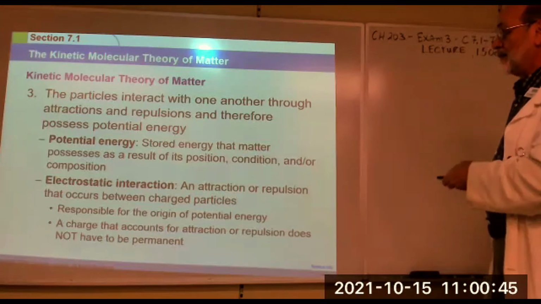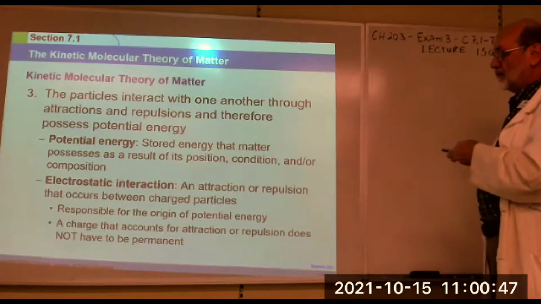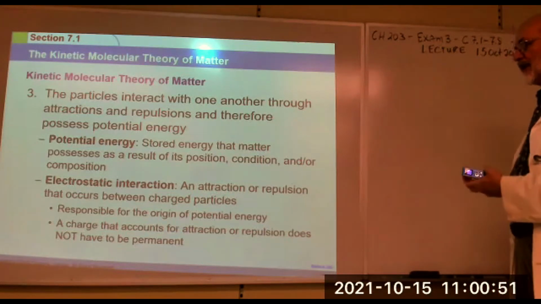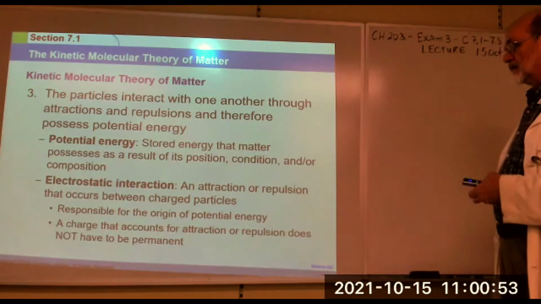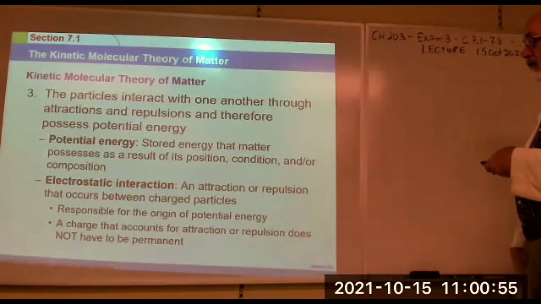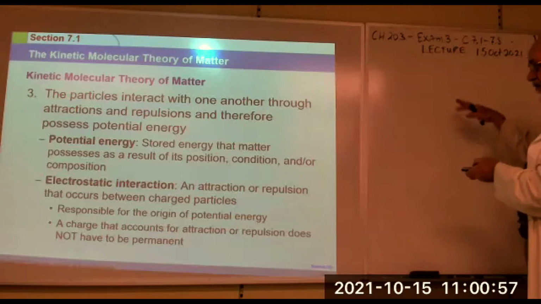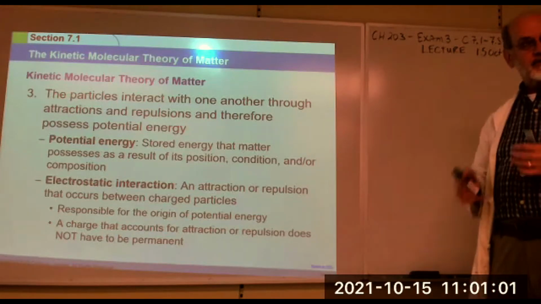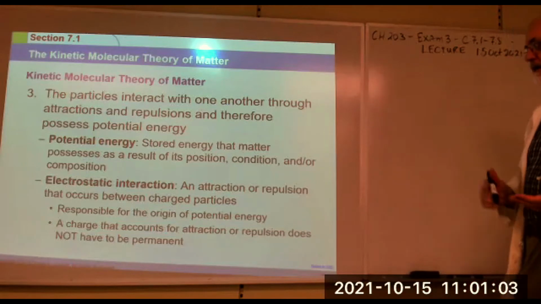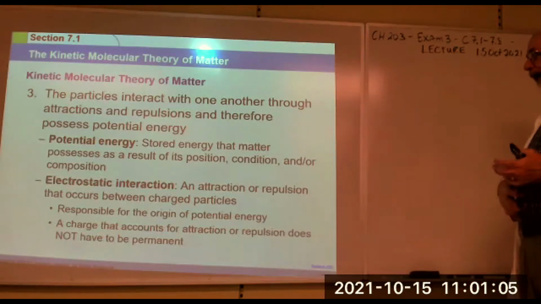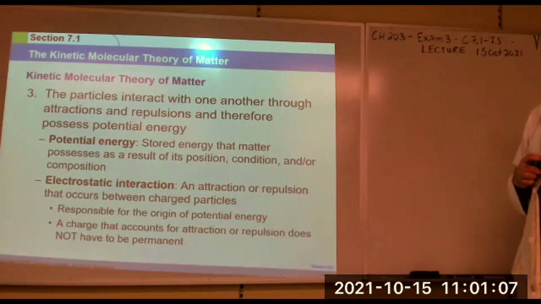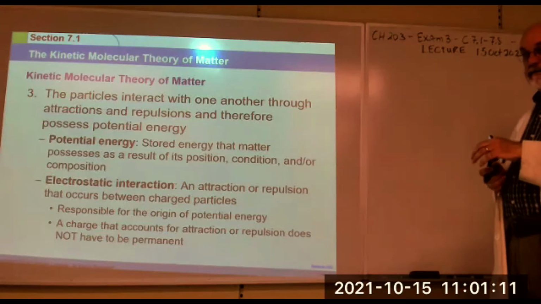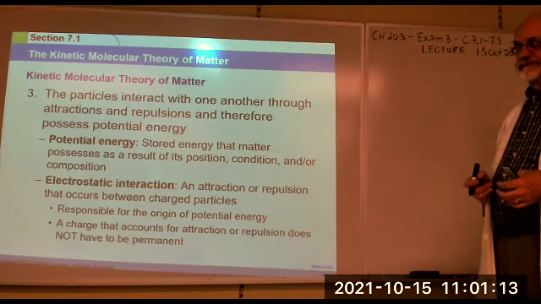So that being said, there can be stored potential energy in these interactions. And it results from that position and the external conditions like temperature, pressure, and so forth, and what they're made of. All of these things are jumbled together, and we have to treat them.